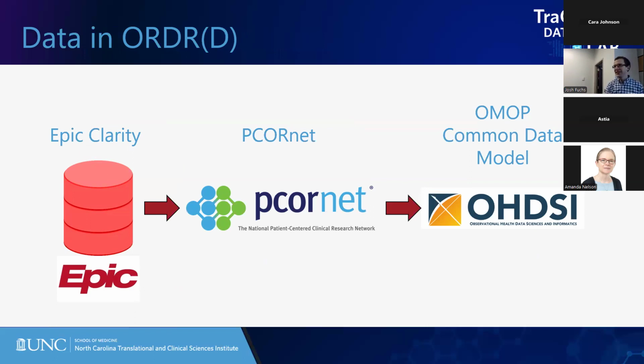This tends to be the easiest way to get data into OMOP. Data in Ordered is updated roughly quarterly at this point. There's a hope in the future to move to monthly updates. That is still something that we're working on. But it is worth noting that it's not a static data set. It will be updated and because of that continue to grow over time.